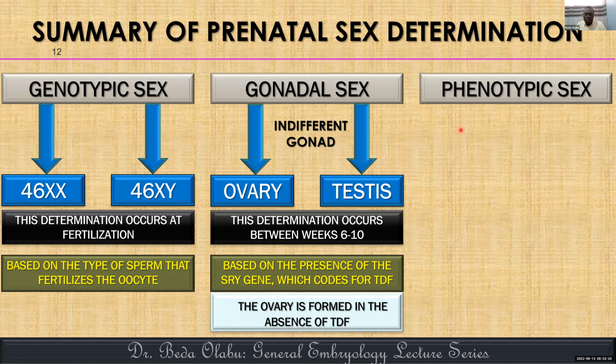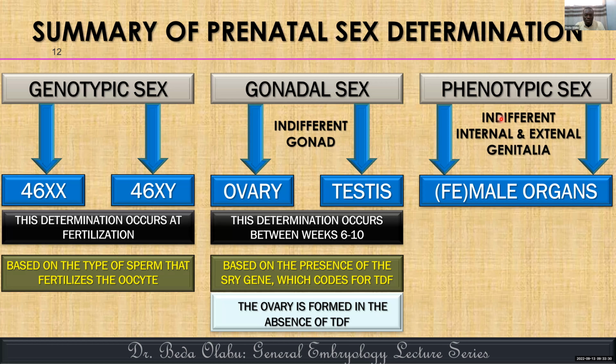Then the third type of sex is called the phenotypic sex. The phenotypic sex tries to answer the question, which kind of reproductive organs other than the gonads are present? Which type of genitalia do we have?